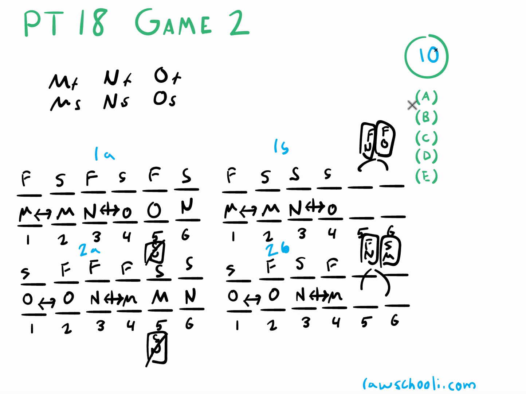Okay, for 10, we just need a statement that could be true. SM in folder 1, that can never be true, right? It's either FM or SO in there. How about FO in 1? No, again, it's SO or FM. Not an option to have FO in there. How about fall nutrition in 4?